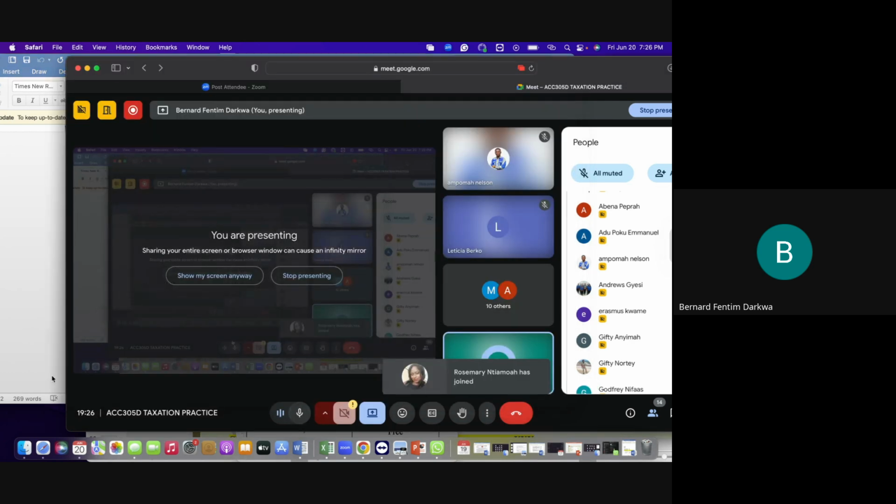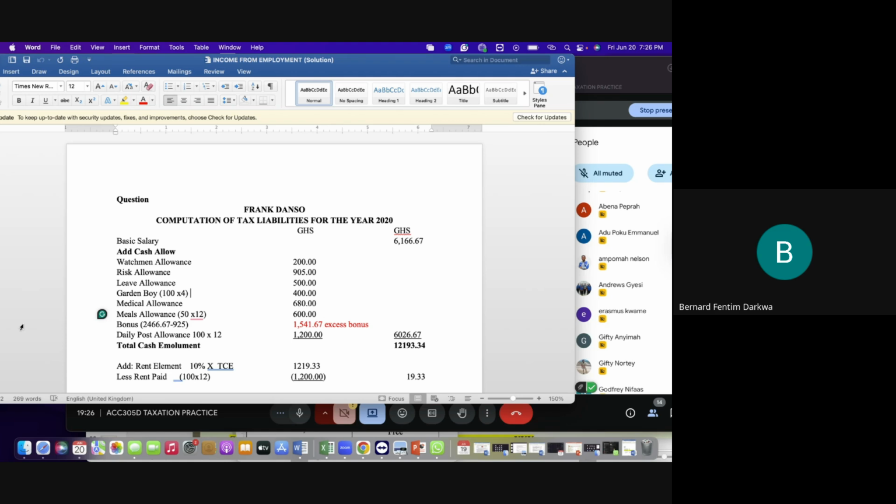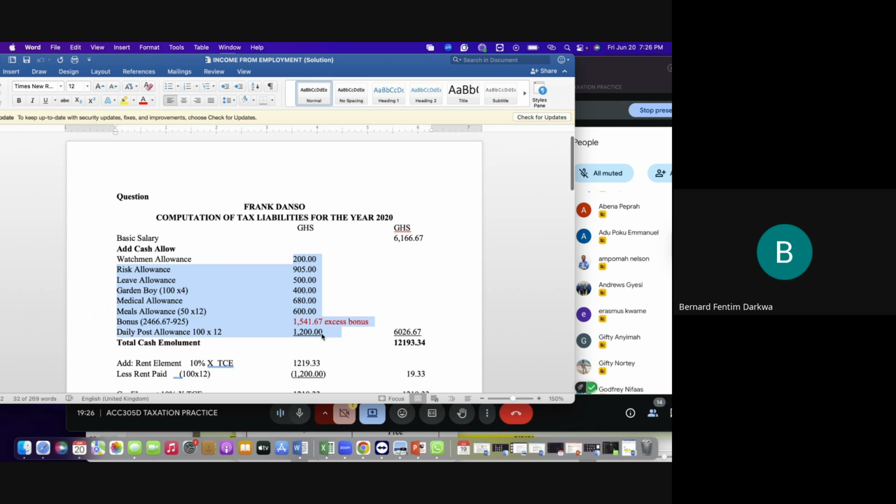So can we continue? Yes, sir. Now when you list all the cash allowances, you see all the cash allowances have been listed. Overtime is here, and the excess bonus is here. You add everything, and when you add this total, you get this figure here.